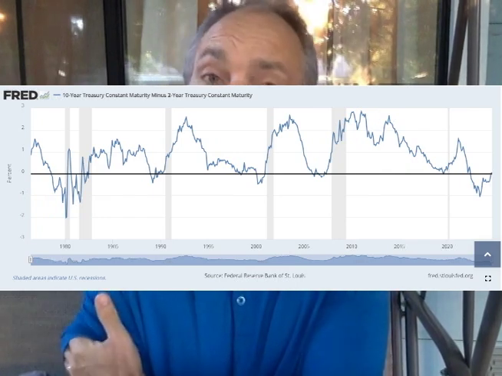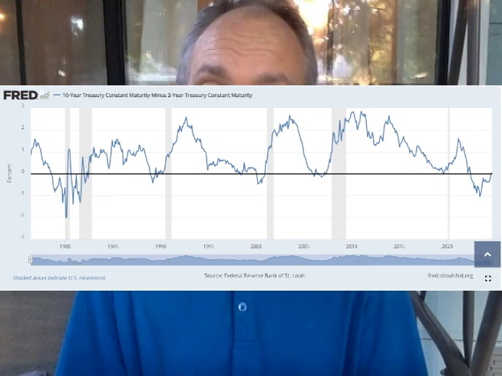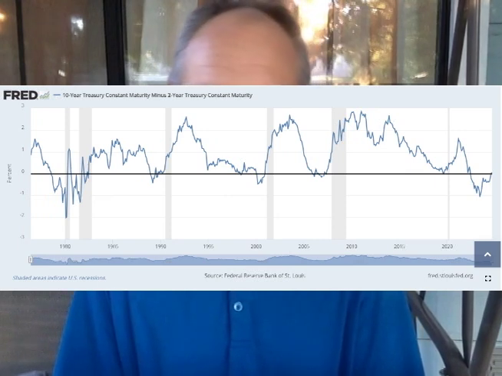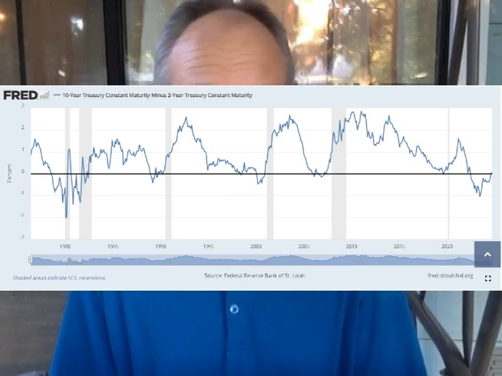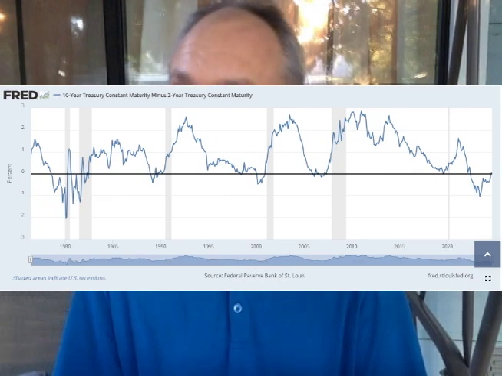Okay, why is this all important? Historically speaking, when the 10-2 yield spread is inverted and then comes back up to zero, if you look over these little gray bars that you see, each one of those gray bars is a period of economic recession.